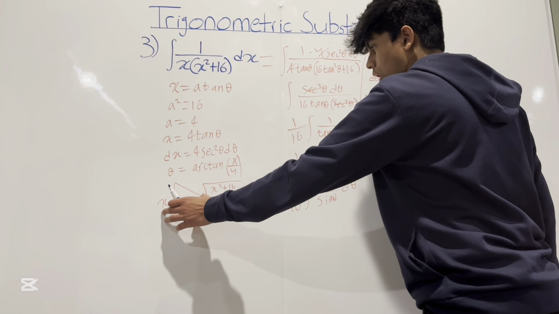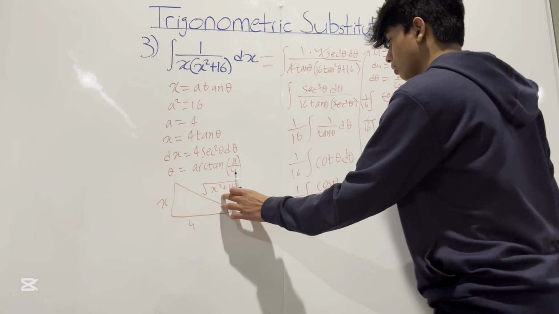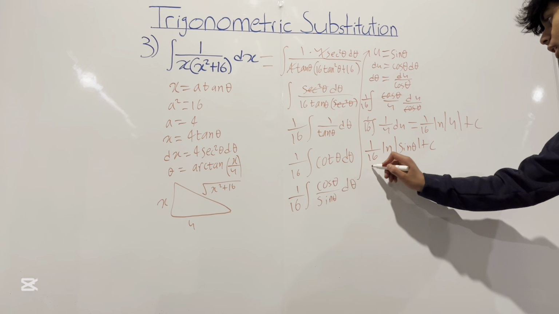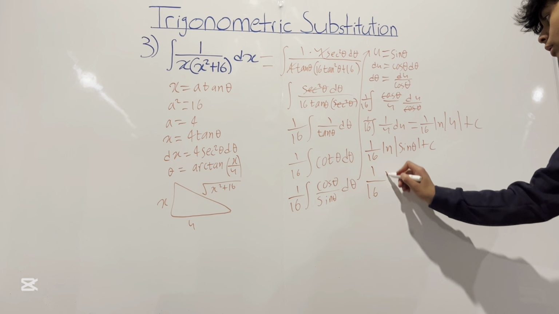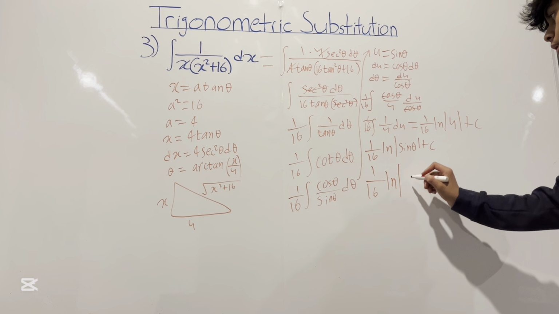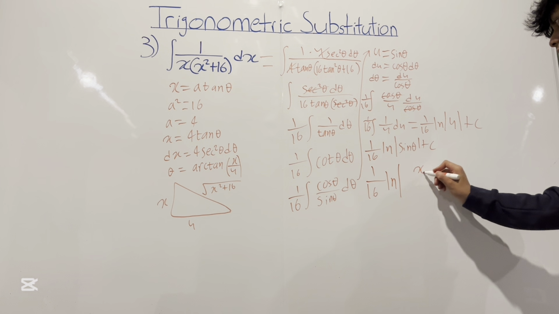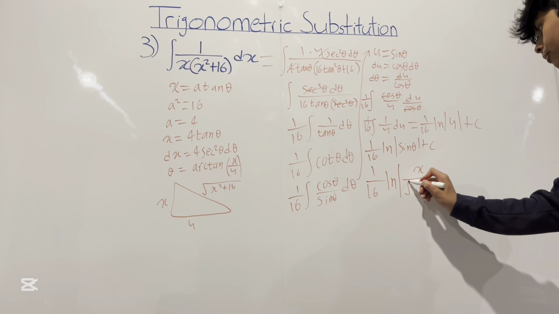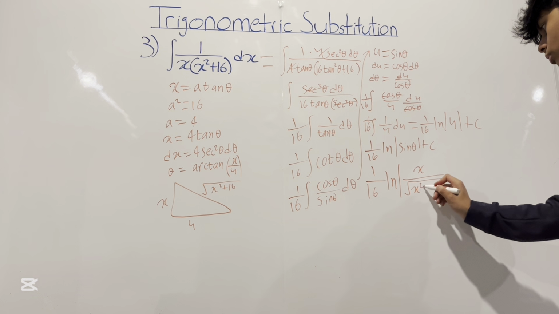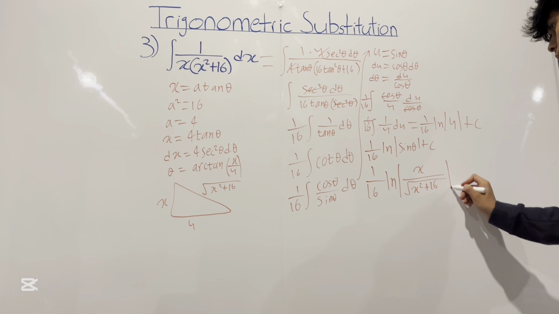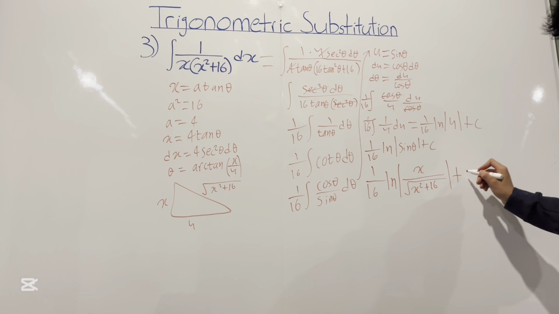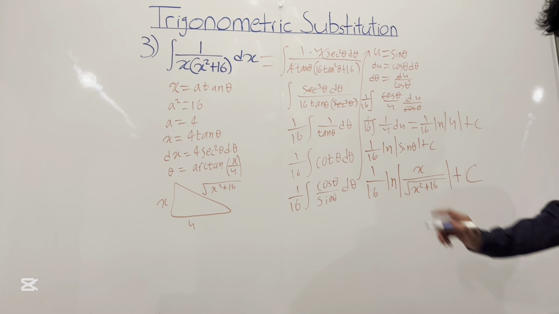So x over the square root of x squared plus 16. So this is going to be 1 over 16 ln of x divided by the square root of x squared plus 16, plus c. And this is our final answer.